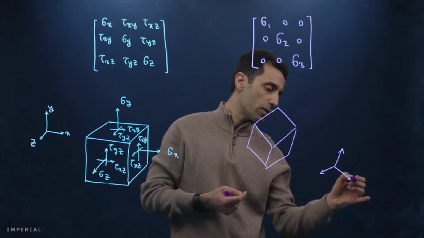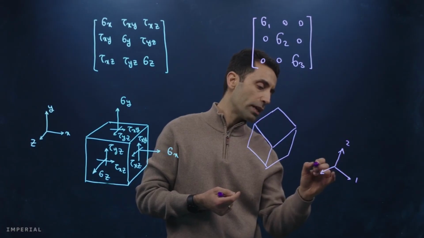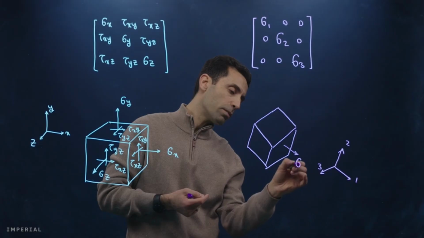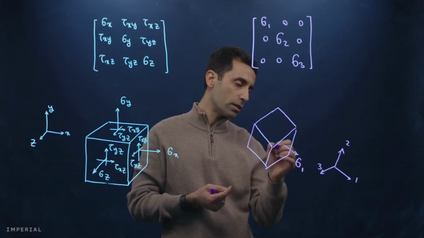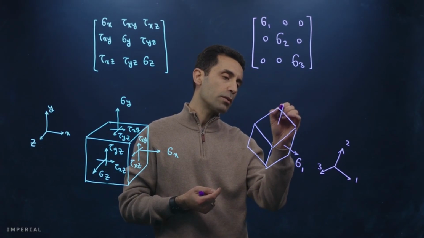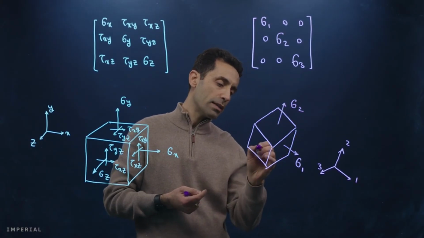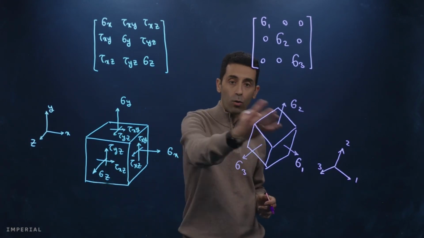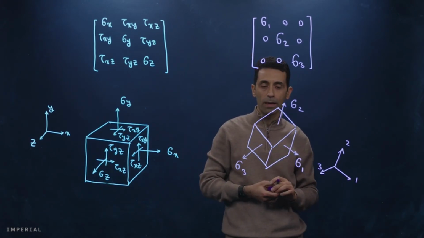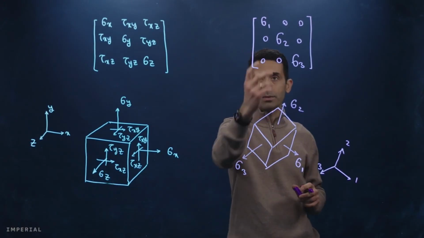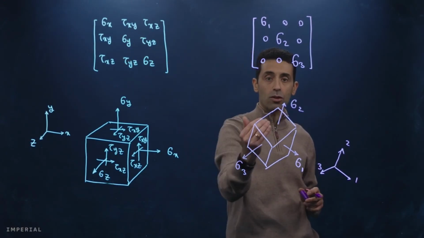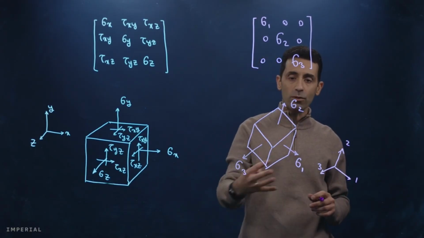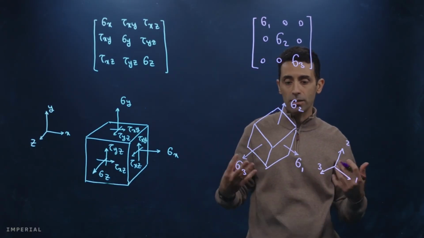So if this was axis 1, axis 2, and axis 3, we have the principal stress, sigma 1 on this face, sigma 2 on this face, and then sigma 3 on this face. And then all the shear stresses are 0. These stresses, the principal components of that matrix, are called the principal stresses. And the maximum value of these stresses is called the maximum principal stress.